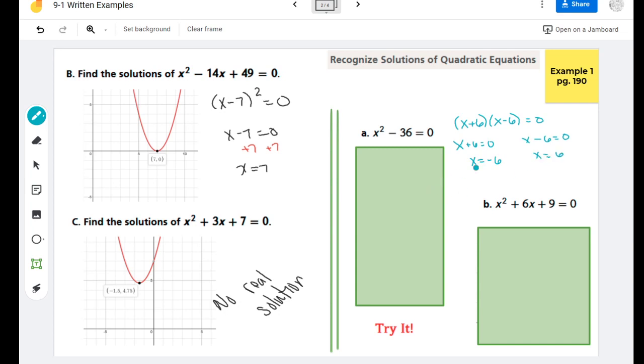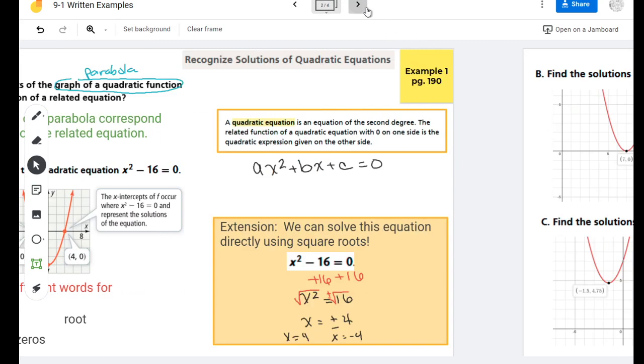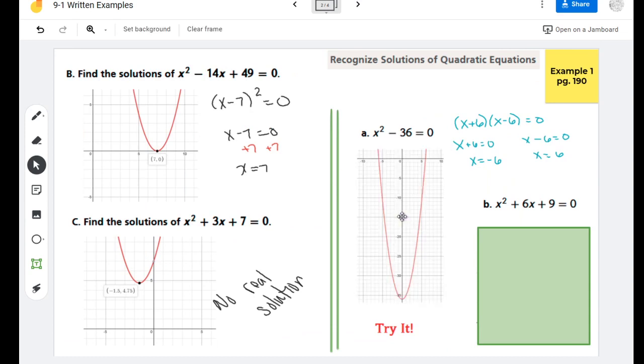So you're going to see that x equals negative 6 or x equals positive 6. This is also in that same format as the extension I just did. To get the plus or minus 6, you could do the same thing there. So two ways to solve, but here it is on the graph. Here's our negative 6 and there's our positive 6 for our solution.